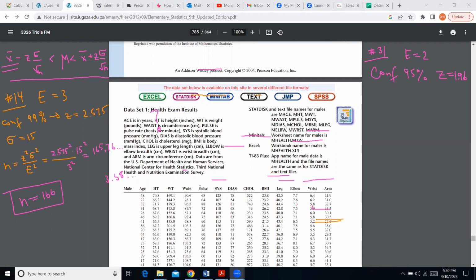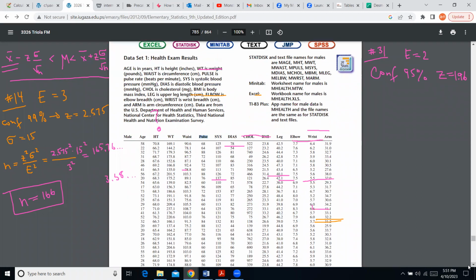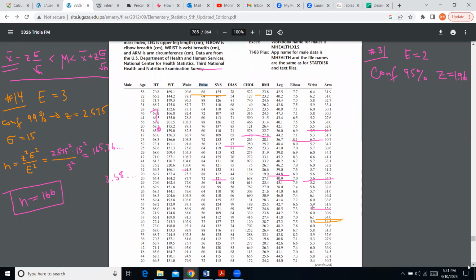It looks like they want pulse rates. And notice that the pulse varies. Looks like I want to know the lowest and the highest. 60s, do I have any 50s? I see 56, and so far I had 88. Let me scroll it down a little bit. We have 56 and 88.